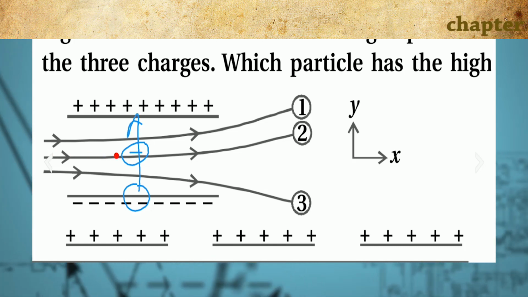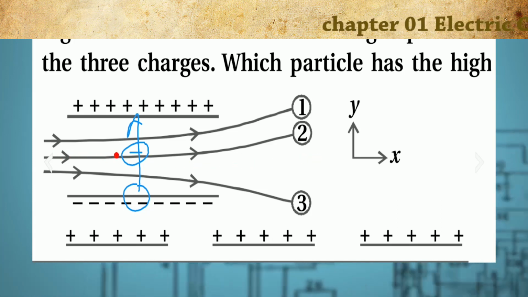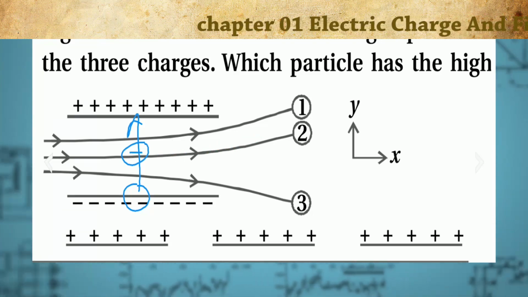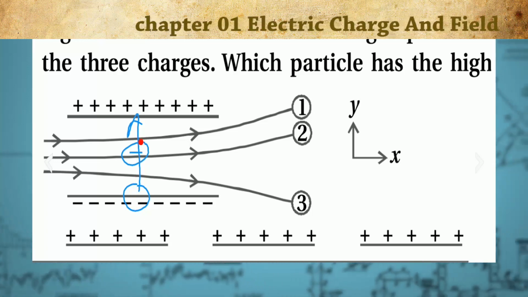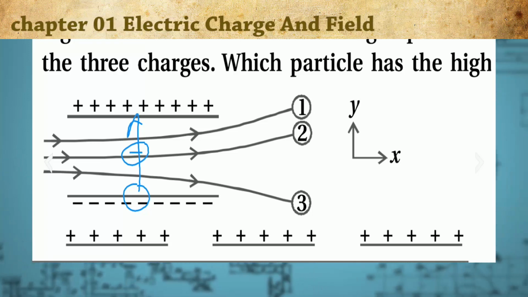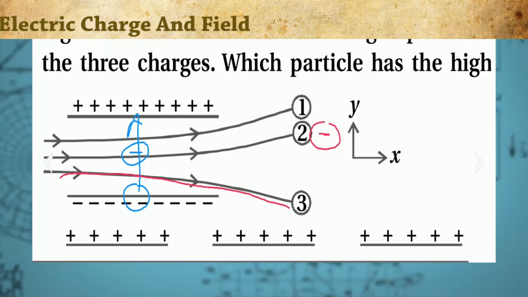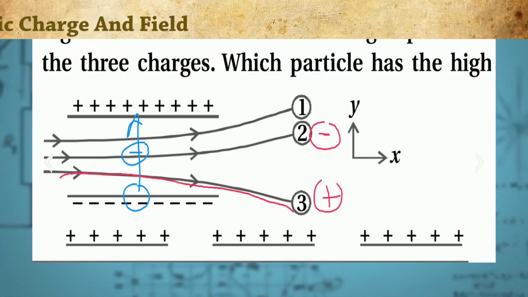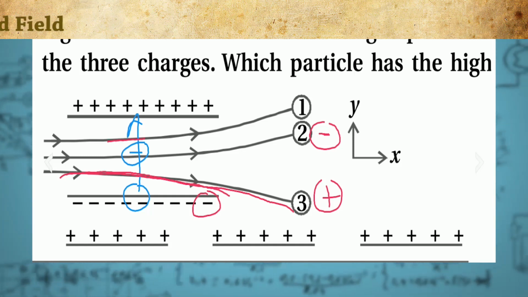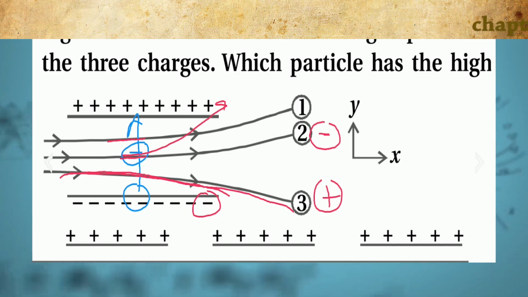Therefore this particle, instead of a straight line, moves a little upward. That means it's confirmed that the second charge is also negative, and in a similar way we understand that this one has a positive charge, because positive charge is shifted towards the negative plate and negative charge is shifted towards the positive plate. It's very easy.